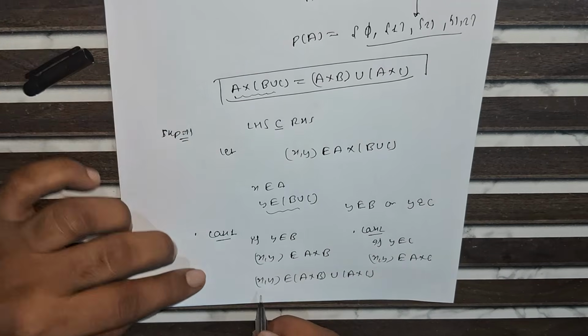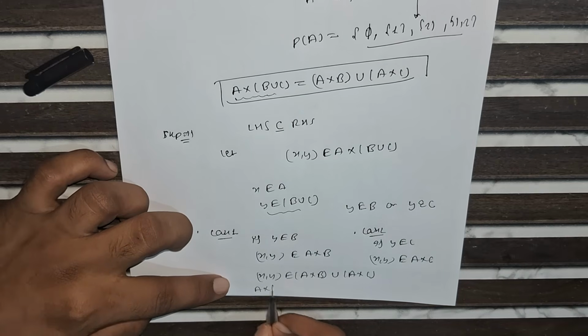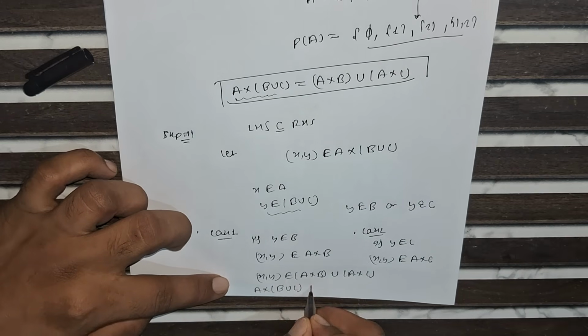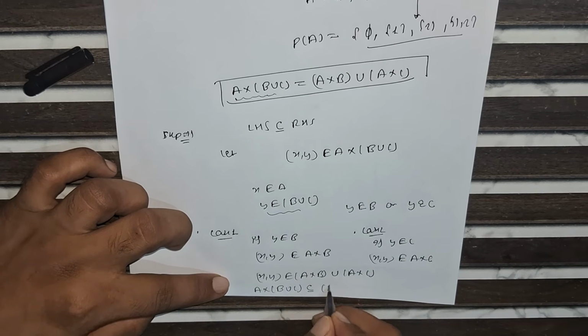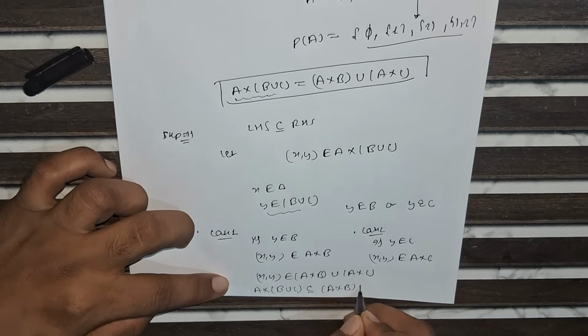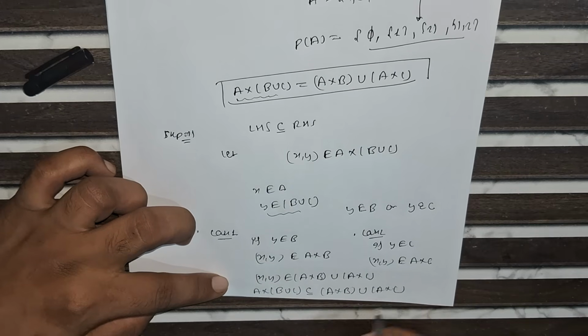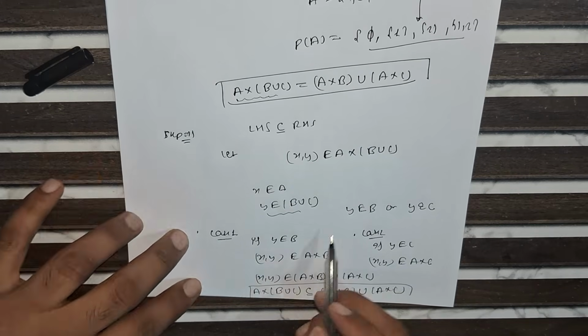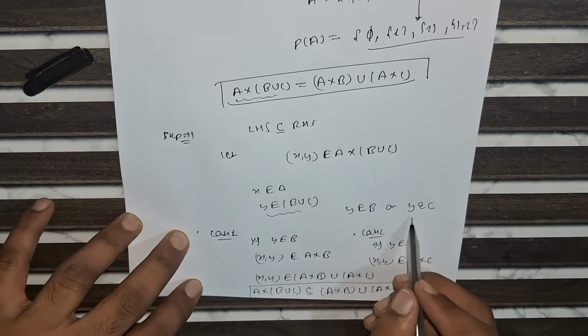So this satisfies that A cross (B union C) is a subset of (A cross B) union (A cross C), with the help of these two cases where Y belongs to B and Y belongs to C.